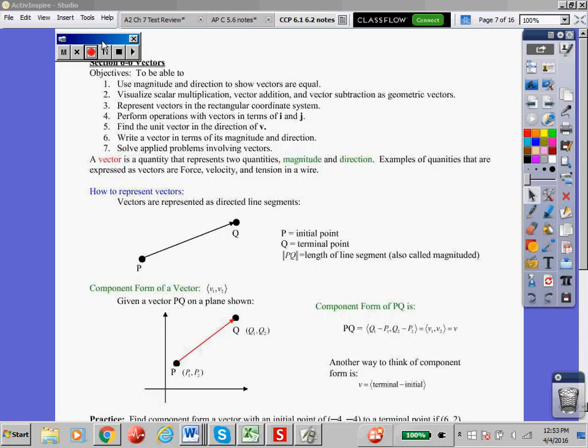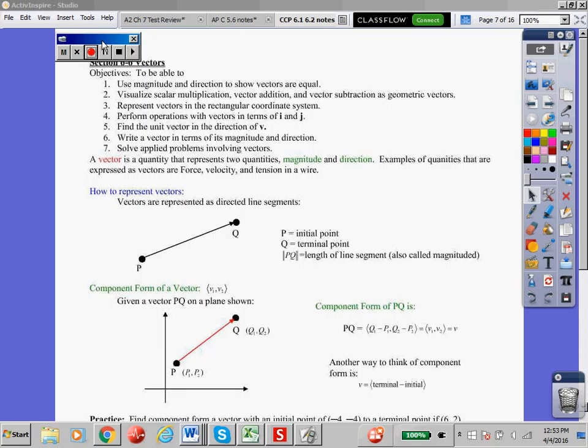Okay. All right, but you will find this section in tomorrow's. It's actually, we're gonna take a sigh of relief. It's not bad. All right, we're gonna talk about vectors, and there are 7 objectives here, and we're gonna go through each one.